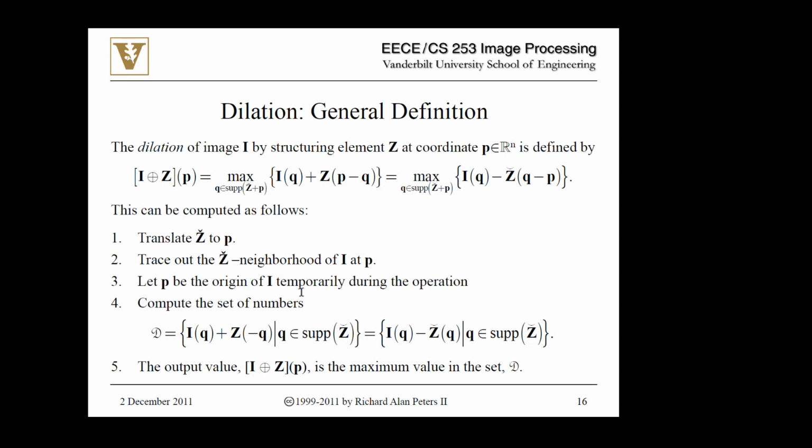So let's see how it goes. You take all the values in the support, so we want to evaluate the value at that point. What I have to do is reflect the kernel and shift it to that location. And when I shift it, there will be a few values that are different from minus infinity, that is, defined in our support.